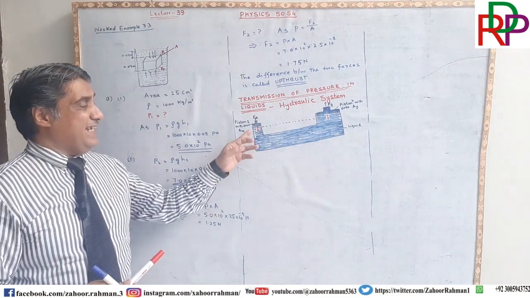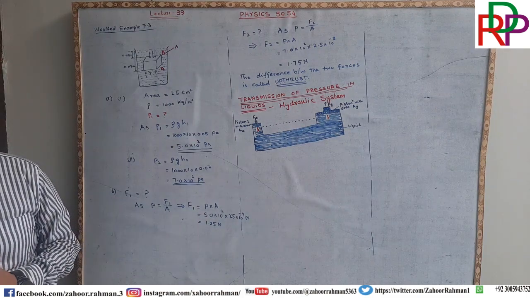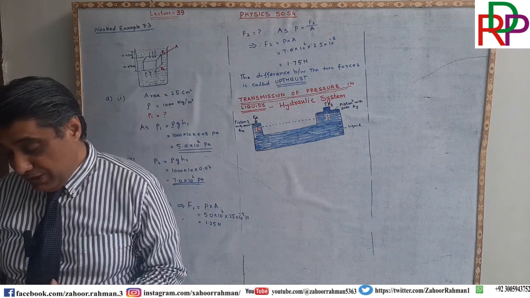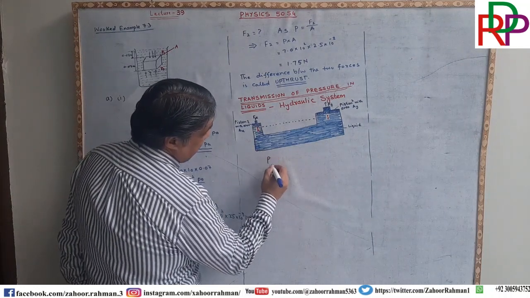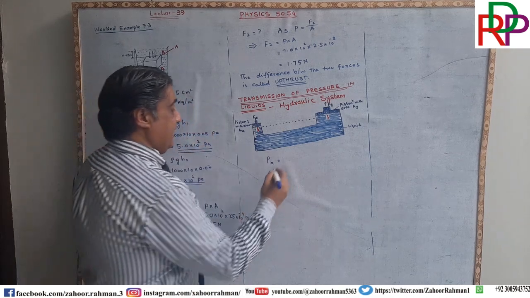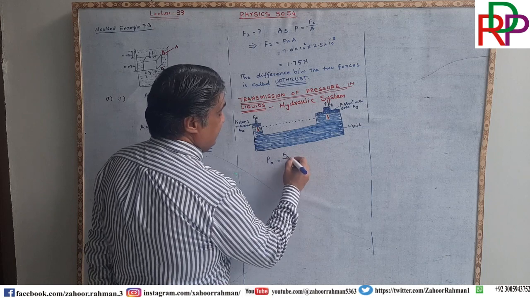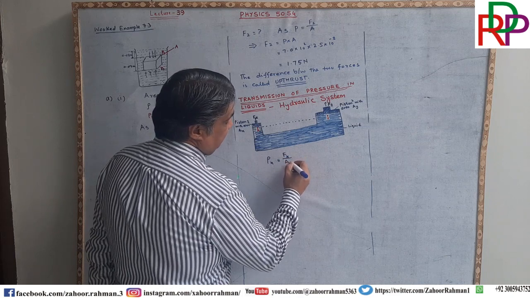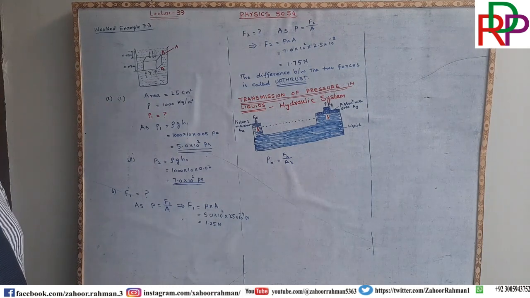Let us say that at this point there is a pressure applied at X, equal to pressure, and then Fx and then Ax. This is a general equation. Pressure is equal to F divided by A, force per unit area.